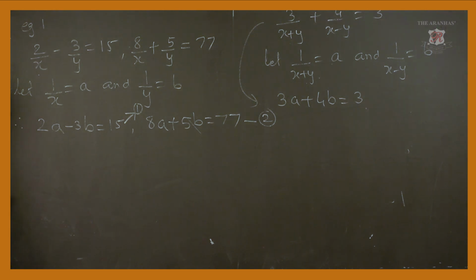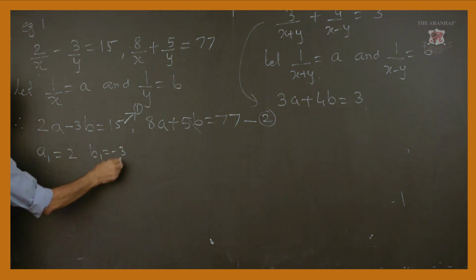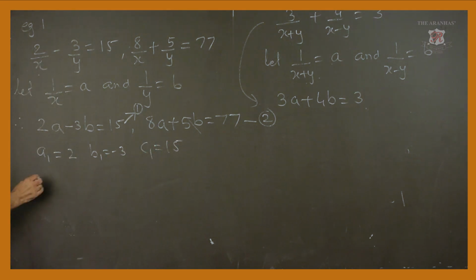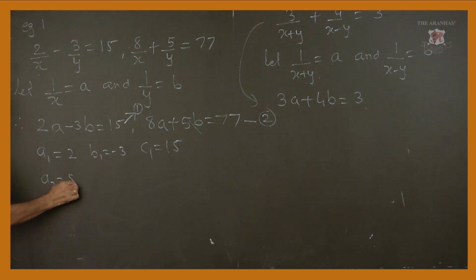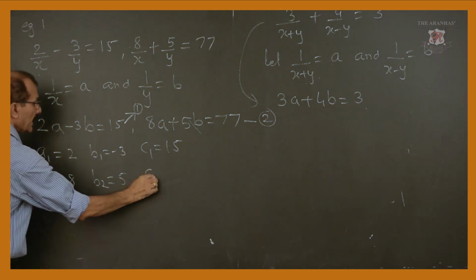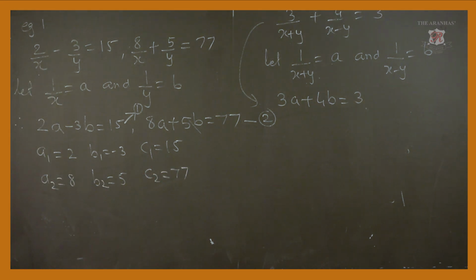So here I get a1 as 2, b1 as minus 3 and c1 as 15. a2 as 8, b2 as 5 and c2 is 77. So first we find the values of a1, b1, c1, a2, b2, c2.